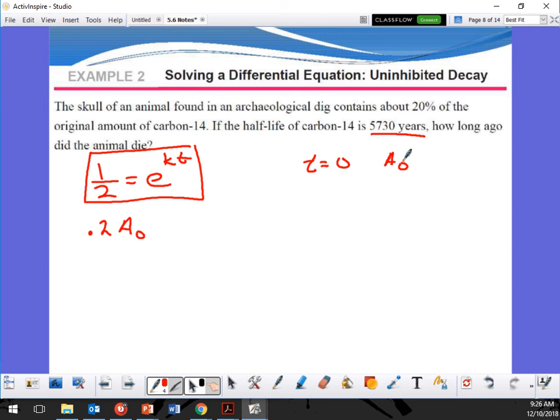So I get time and I get the amount, and it's all 100% there. And when time is equal to something, that is 20% of that. So I get 0.2 a sub naught. So I'm looking for that information.